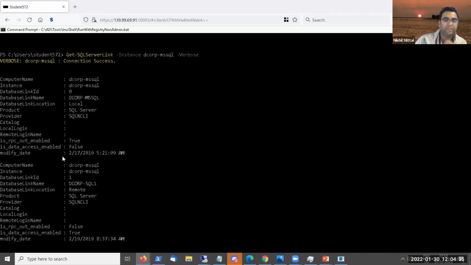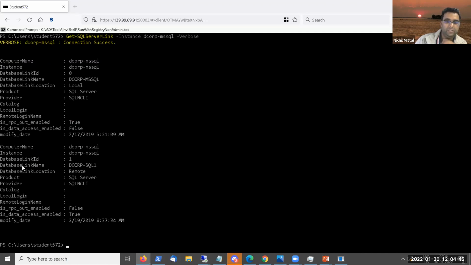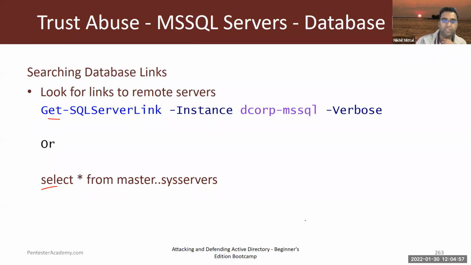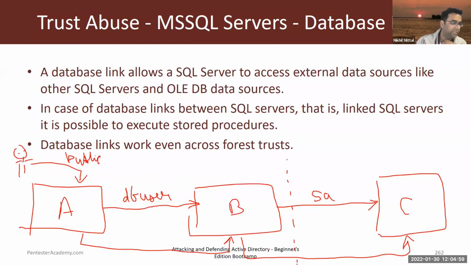So what do we have here? From dcorp-mssql, do we have a database link? Yes, we have one. What is the name of the database link? dcorp-sql1. So in all probability, the database link name is the same as the one this link connects to. Is there a way where we can crawl this, because there could be multiple links?